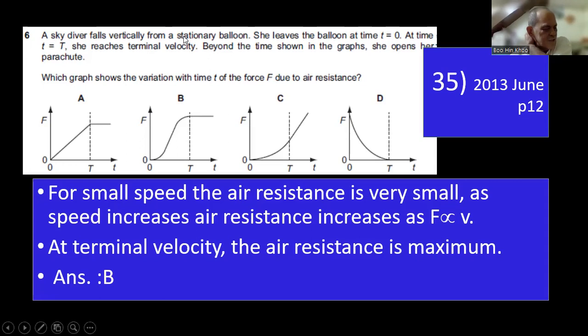So we are looking at the force due to air resistance. When you reach terminal velocity, air resistance, which is this force, reaches its maximum value already. It cannot go any further. It's going to be constant. So you just follow the velocity-time graph for air resistance, then after that, constant.